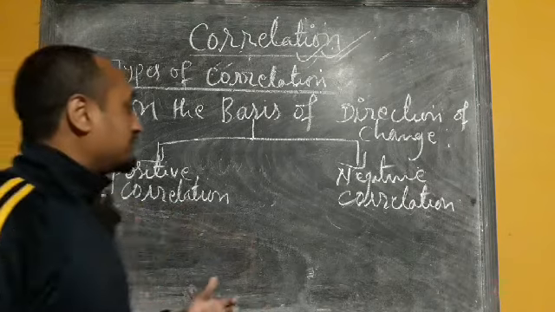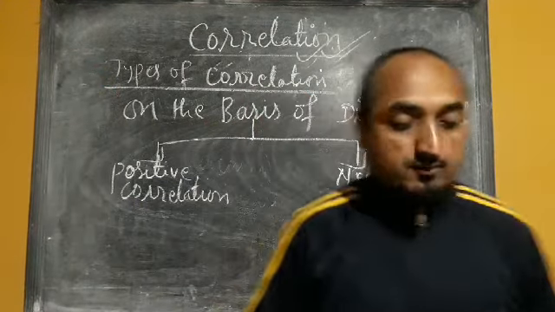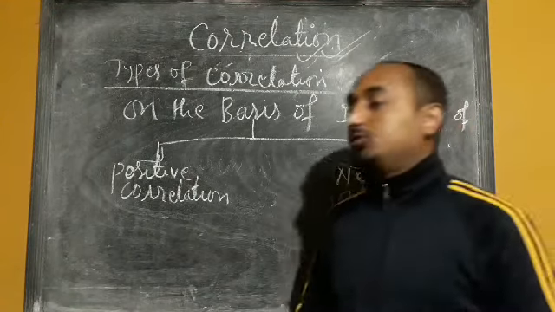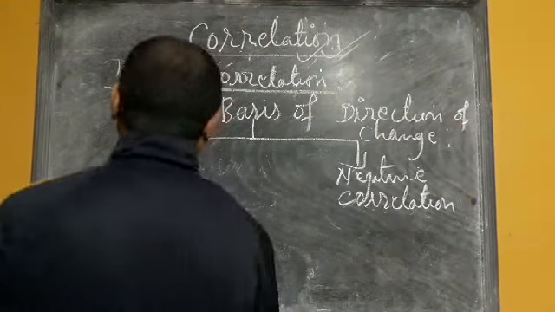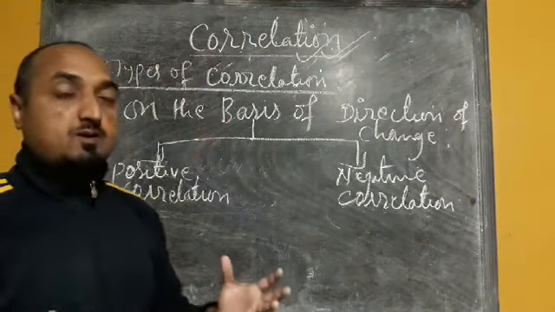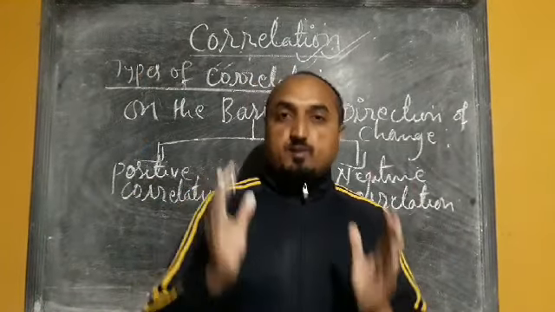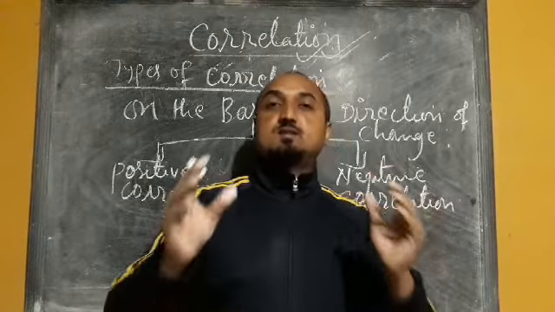One is called positive correlation and the second one is negative correlation. Here you have to understand what positive correlation is. Positive correlation means when two variables are changing in the same direction.